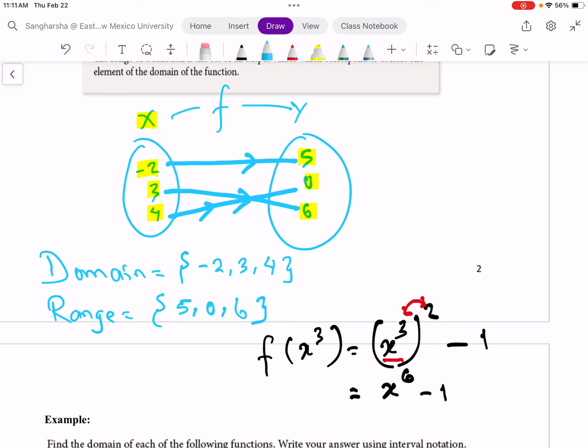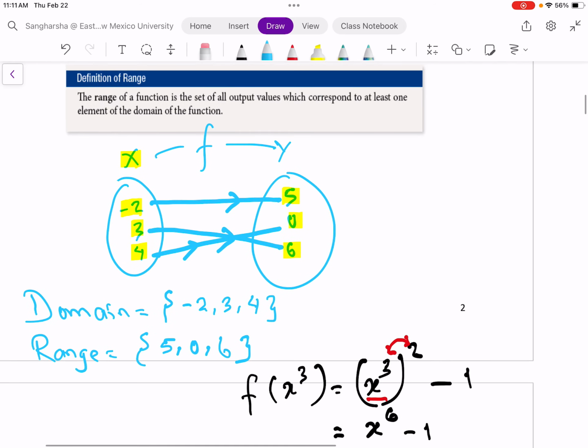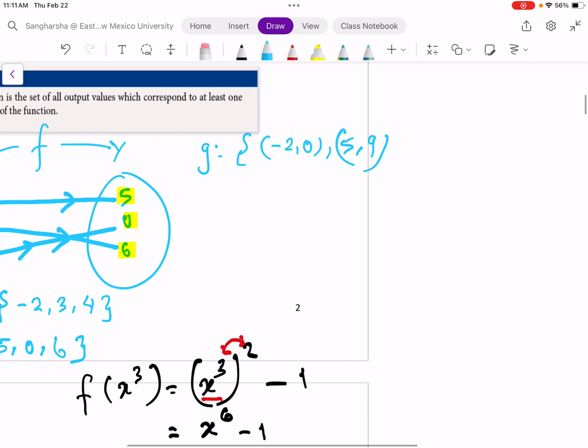Now let's see a different type of function. If our function is in set form, let's say we have a function g, and this function g is a collection of ordered pairs. Let's say we have (-2, 0), (5, 9), (10, -15), and (0, 4).